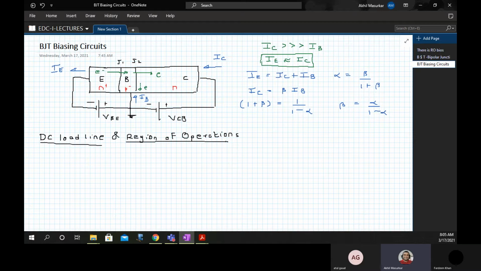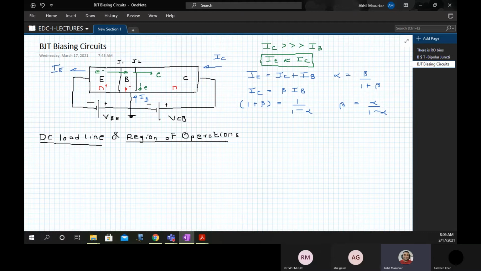Transistors used in amplifiers must be biased into an on state with constant levels of collector, base and emitter currents. They should also have constant terminal voltages. So whenever we talk about biasing circuits, we have to have a stable collector current, a stable base current and a stable emitter current, as well as terminal voltages which are constants.